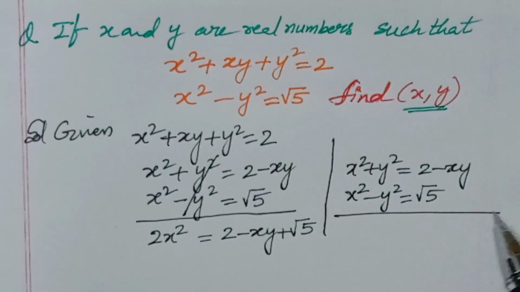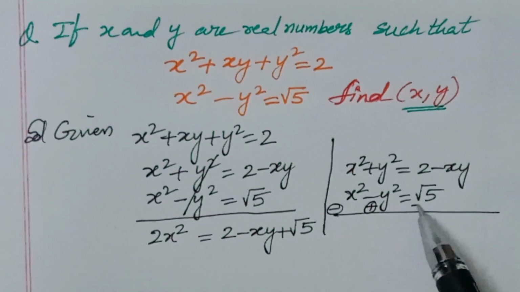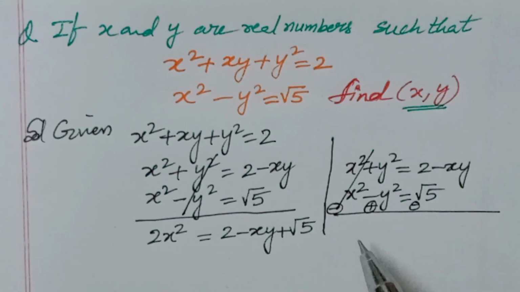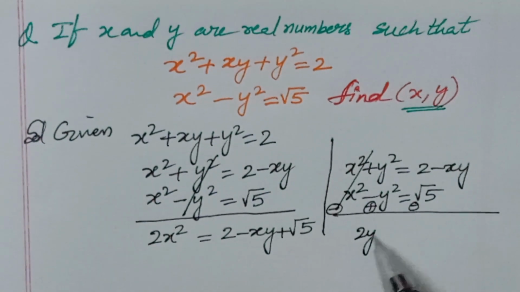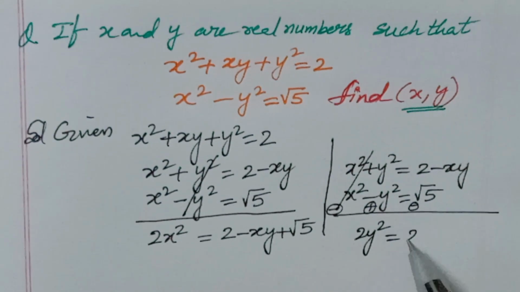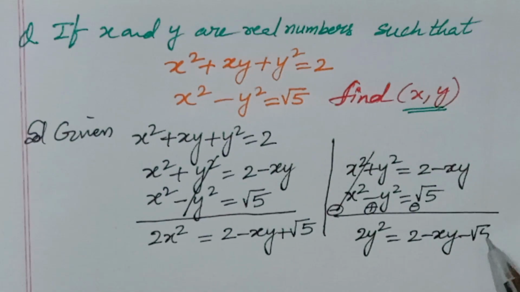Here I am doing subtraction: here minus, here plus, here minus. So here x square gets cancelled. So what will we get here? 2y square is equal to 2 minus xy minus root 5.